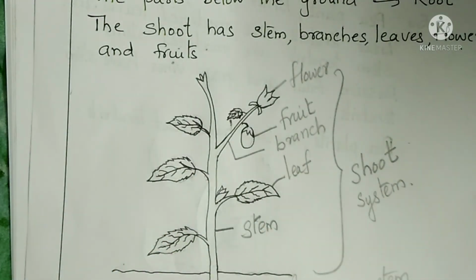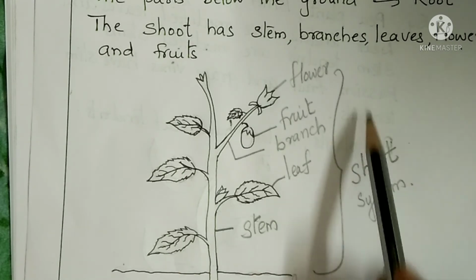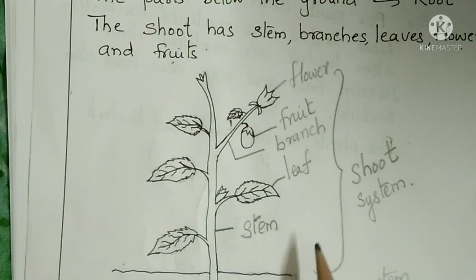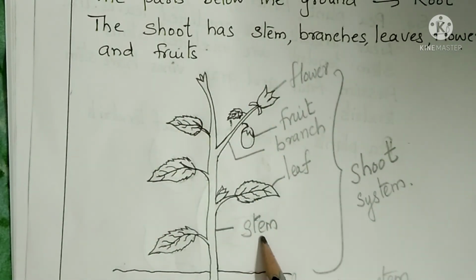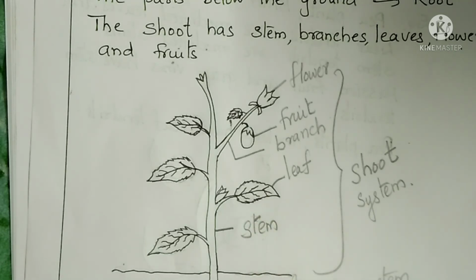And then in some plants you can see even the buds. So these are the main parts of a plant. Stem, leaves, branches, fruits and flowers are the main parts in the shoot system of the plant.